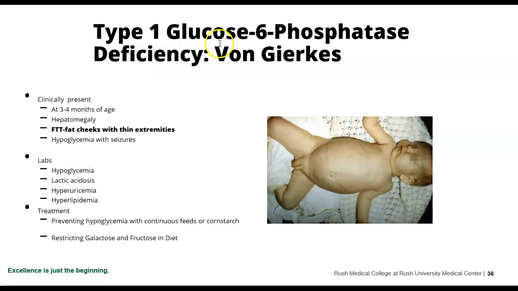So type 1 glucose 6-phosphatase deficiency, or von Gierke's, usually presents about 3 to 4 months of life. It presents with this huge belly with a big liver, but the arms and legs are really thin. So it's failure to thrive with these cherubic cheeks and thin arms and legs. Hypoglycemia and seizures.